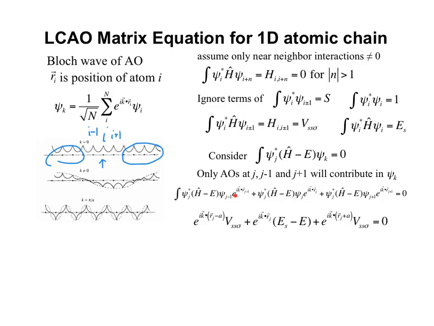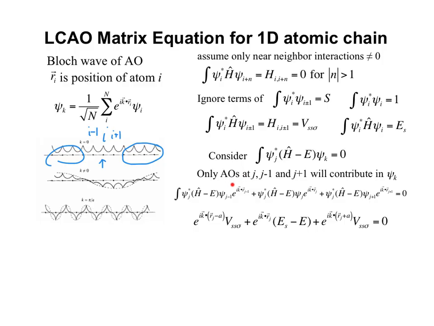The atom at position j minus 1 is a near neighbor atom, such that the Hamiltonian between a near neighbor atom gives us the bond integral V_ss sigma. The psi j and psi j minus 1 term gives us a term proportional to the overlap integral, which we are setting to 0 for now.